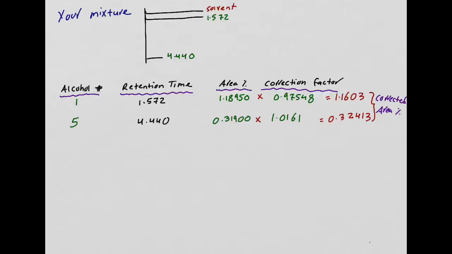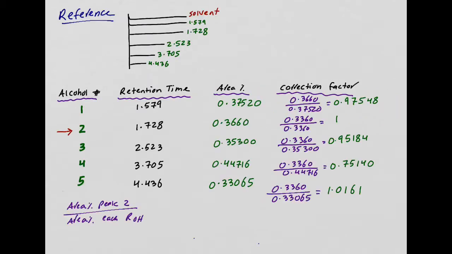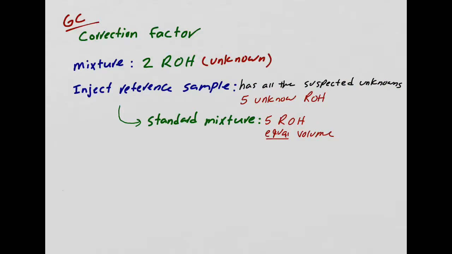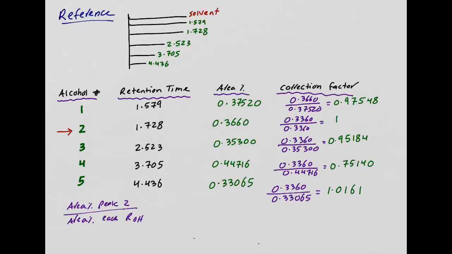Now, I know I'm probably repeating myself, but let me just go over this one more time to make sure that you are really, really good. Remember again, in this case, the reference sample, we knew we had 5 alcohols of equal volume. So they had the same percent composition because it was an equal volume.